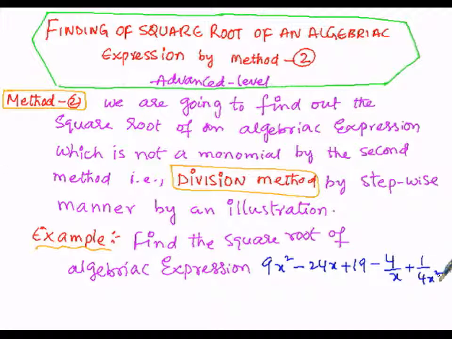So we have to find out the square root of this particular algebraic expression consisting of 1, 2, 3, 4 and 5 terms. There are 5 terms.